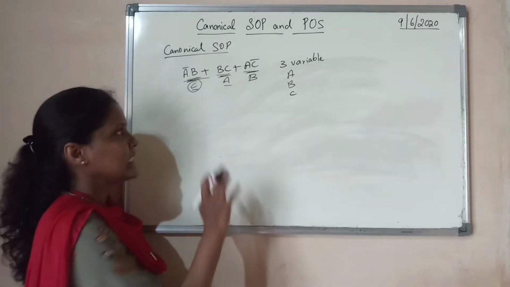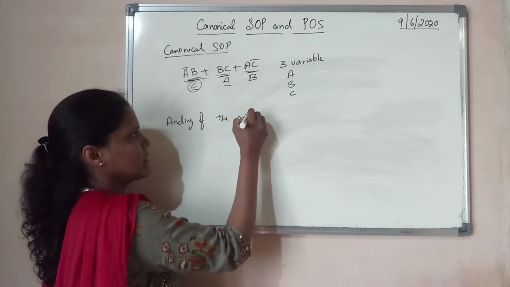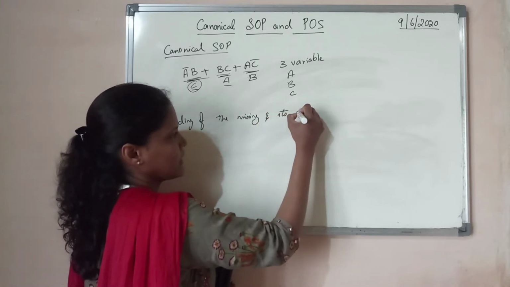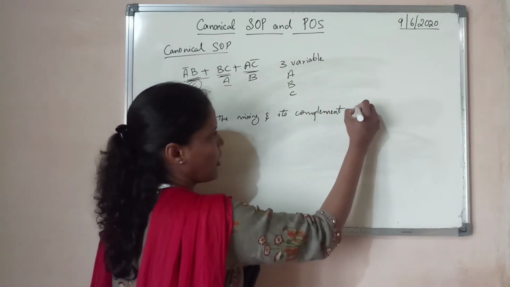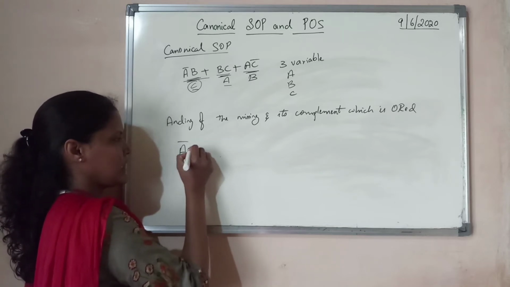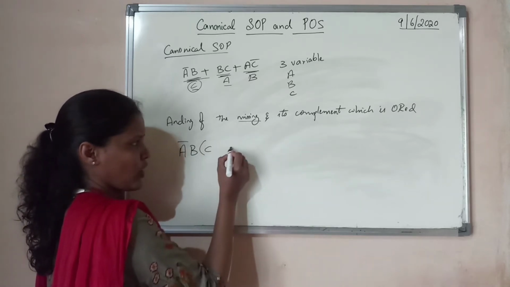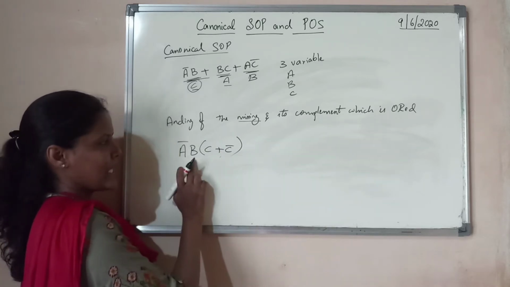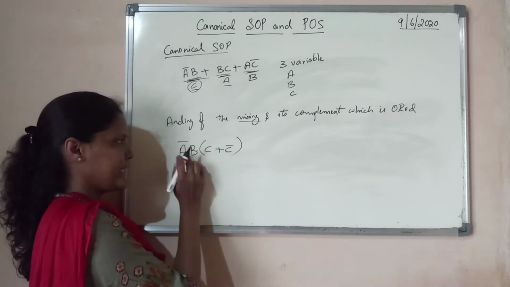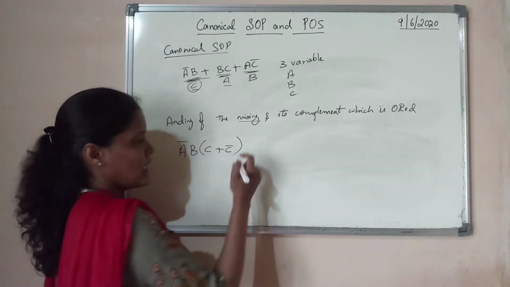The second step is ANDing of the missing variable and its complement, which is ORed. Here C is missing in A bar B. The missing variable is C and its complement C bar, and we OR them. Whichever term is missing, we write its complemented and uncomplemented forms ORed together, and then this is ANDed with the particular term of the expression. We write the missing term in complemented and uncomplemented form like this, and then multiply.